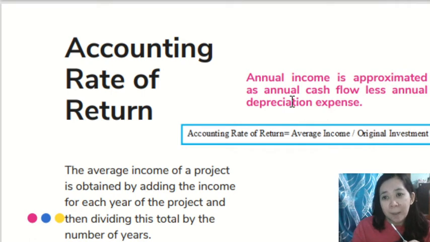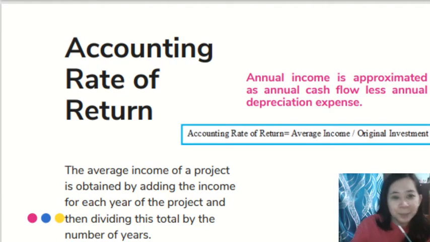Annual income is approximated as annual cash flow less your depreciation expense. Please take note of that. Normally we also deduct the depreciation expense in computing the income, if you still remember.